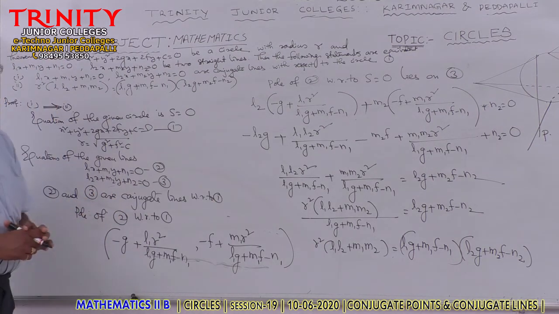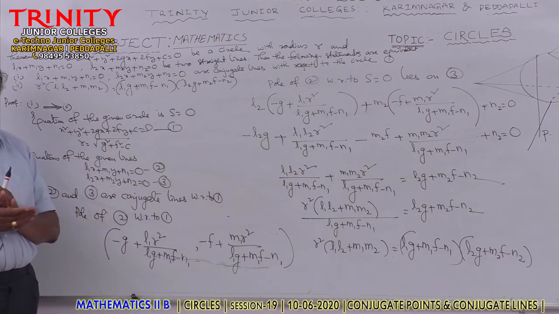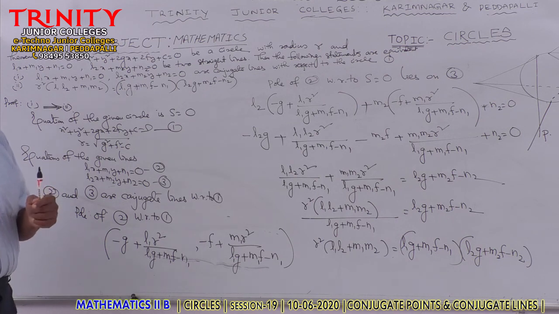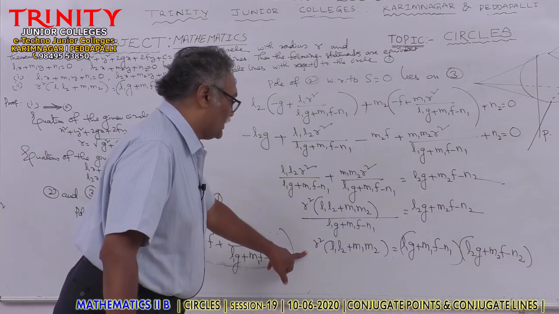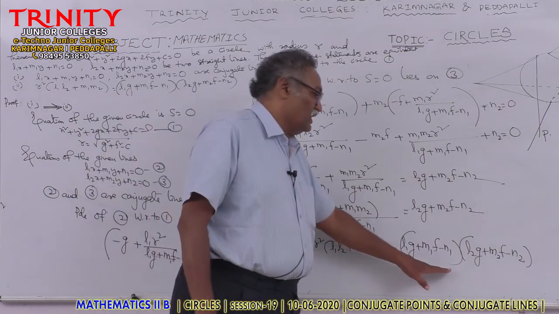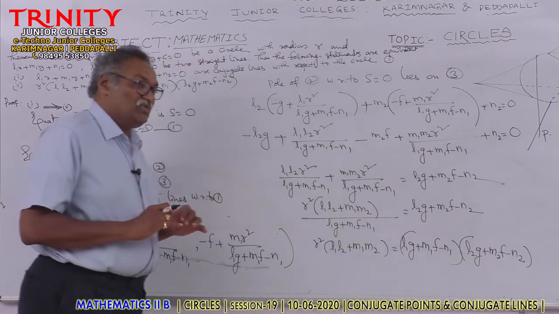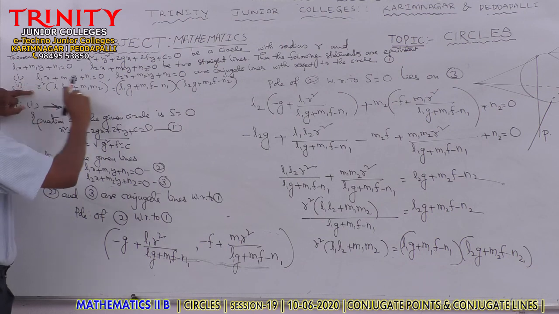It means that if L1x plus M1y plus N1 equals 0 and L2x plus M2y plus N2 equals 0 are conjugate lines with respect to the circle S equals 0, then R square into L1 L2 plus M1 M2 equals L1g plus M1f minus N1 into L2g plus M2f minus N2. With the help of this, we have proved this part.